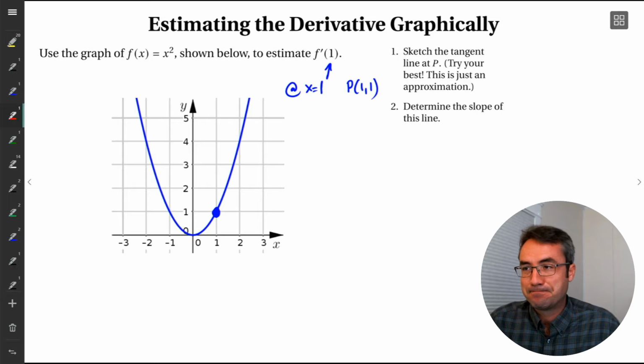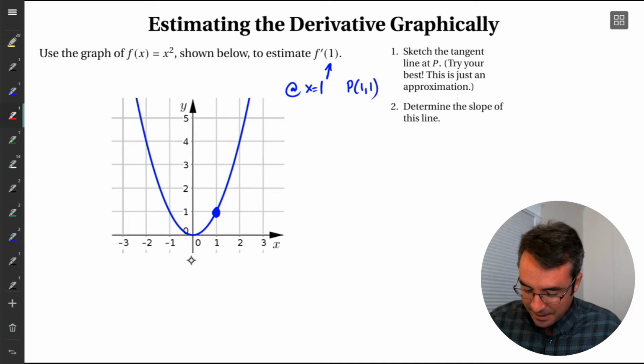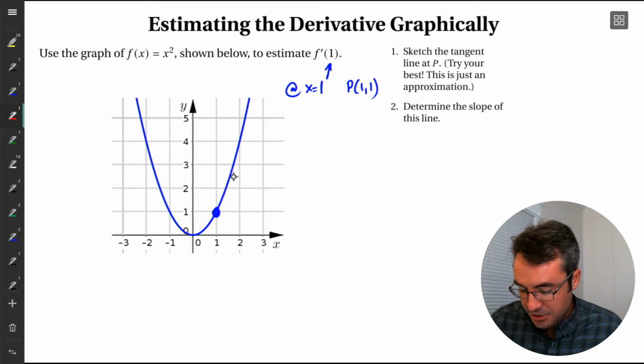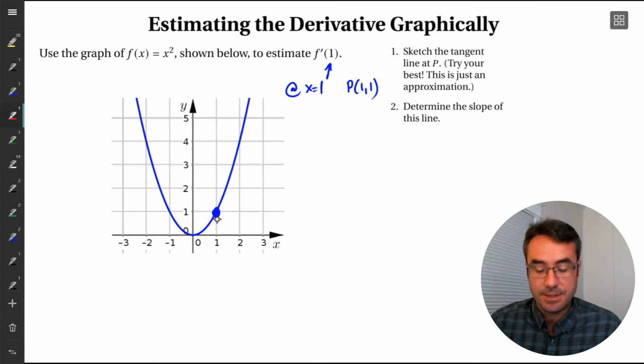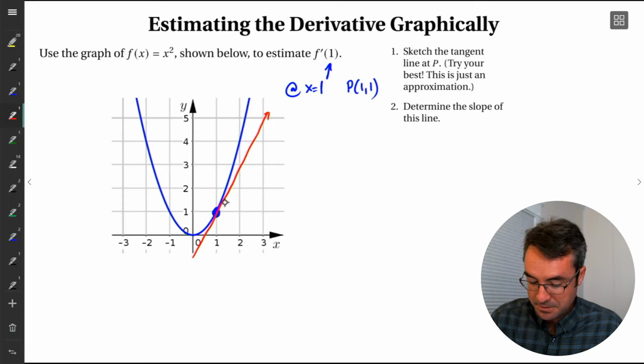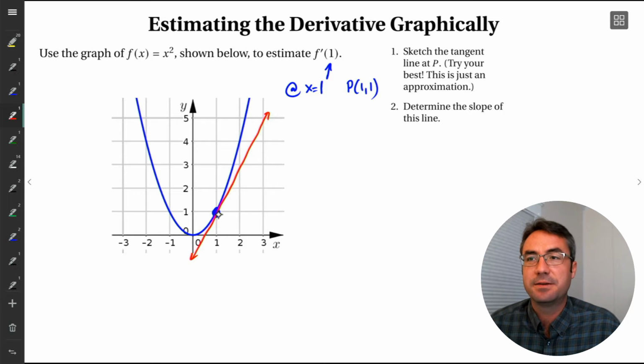And, well, let's see how this goes. All right, so when we draw this, we want our tangent line to just touch the curve, so that when we zoom in at that point, it looks like our tangent line and our curve are kind of pointing in the same direction. So let's try our best. See how this goes. All right, that's not too bad.